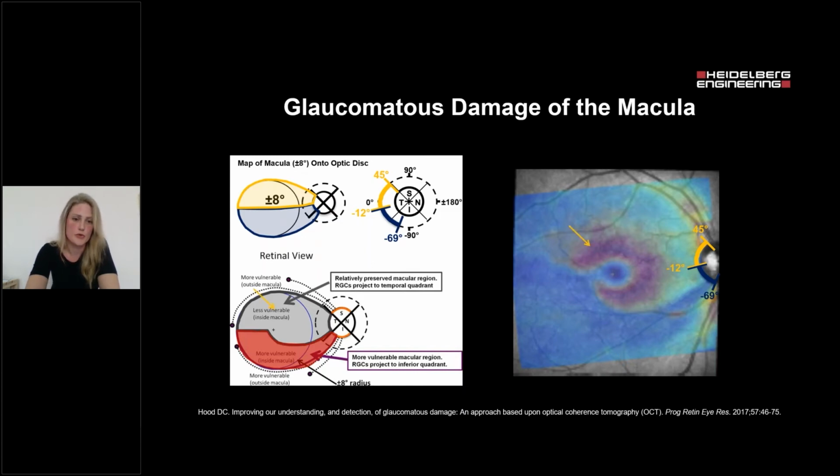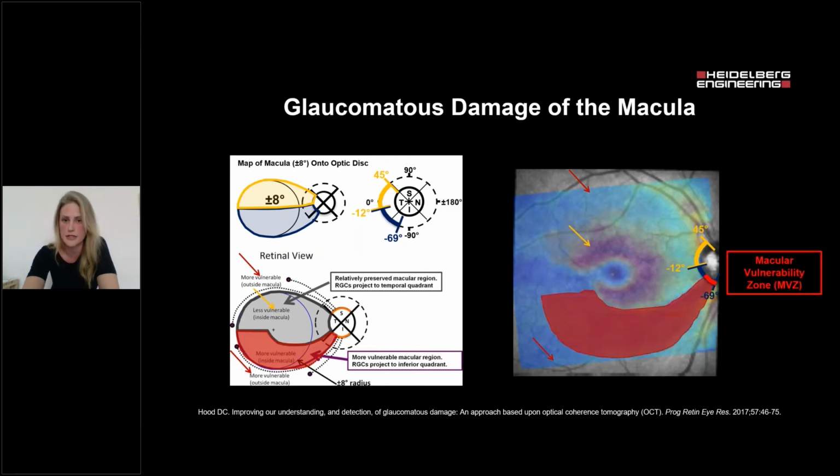The less vulnerable zone inside the macula sends its axons to the temporal quadrant of the disc, and the most vulnerable zone outside the macula sends its axons to the superior and to the inferior quadrant of the disc. So the most vulnerable zone inside the macula sends its axons to the inferior quadrant of the disc, and overlaps the inferior vulnerability zone, and this we call the macular vulnerability zone.